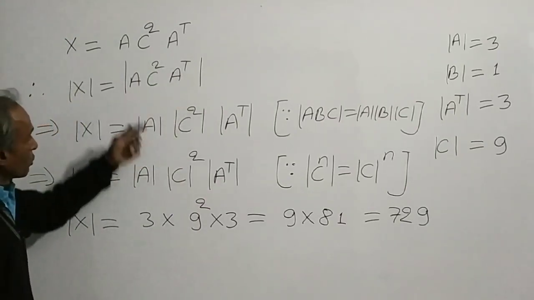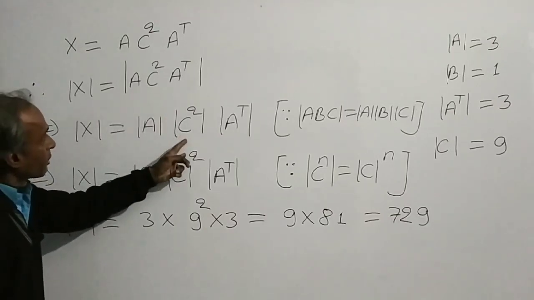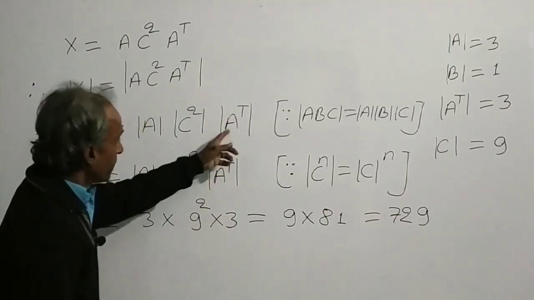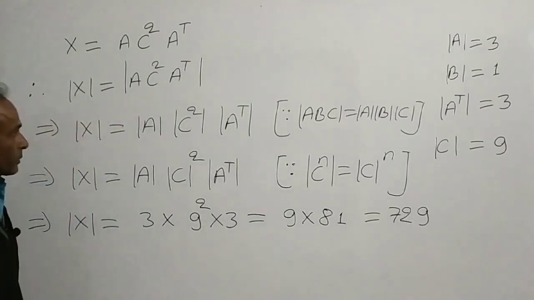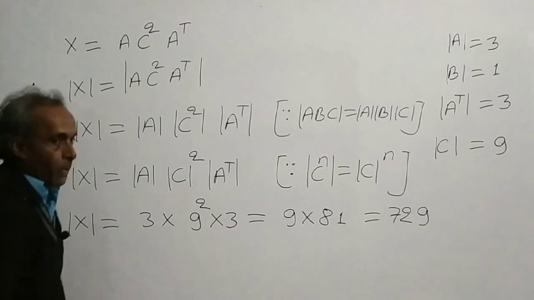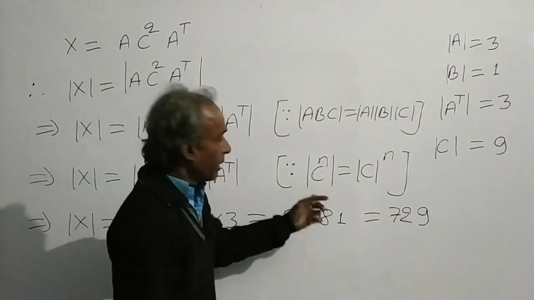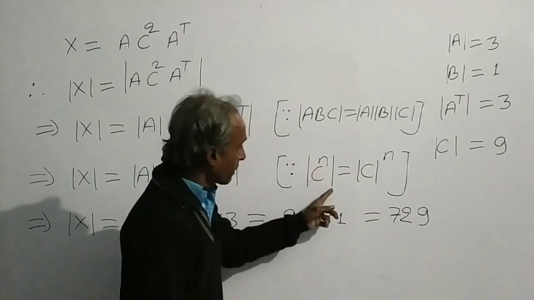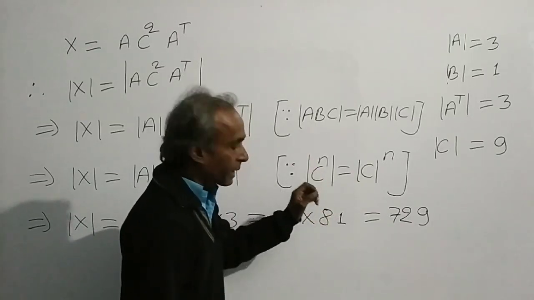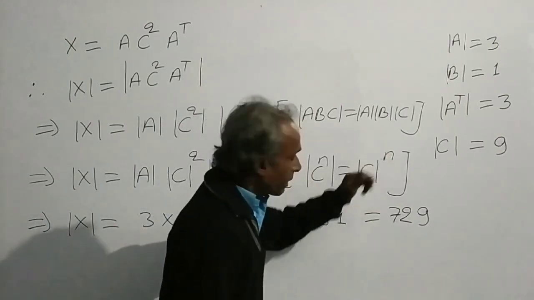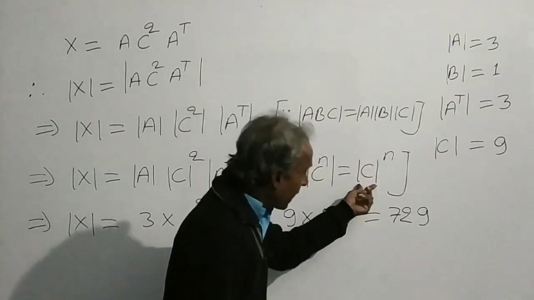This will be equal to determinant of A, determinant of C square, determinant of AT, A transpose, by using this formula. Now, this is formula, determinant of C to the power n is equal to power n of determinant of C.